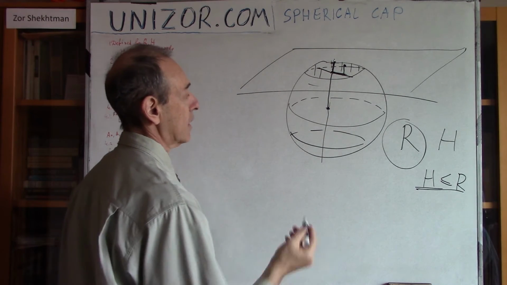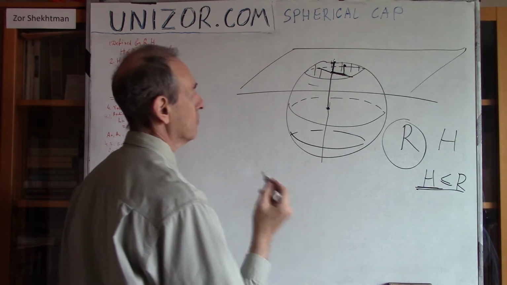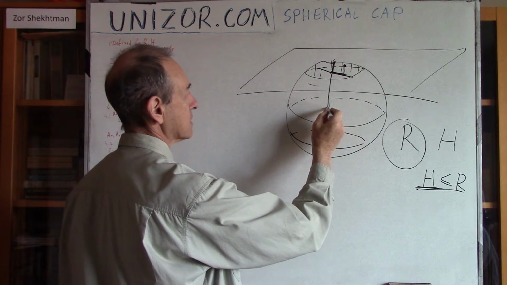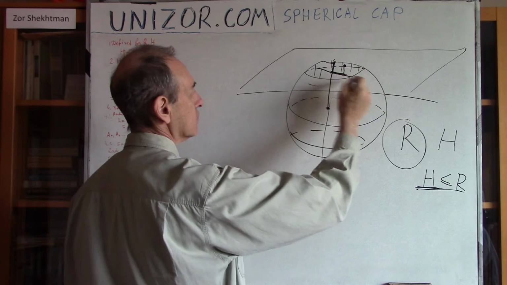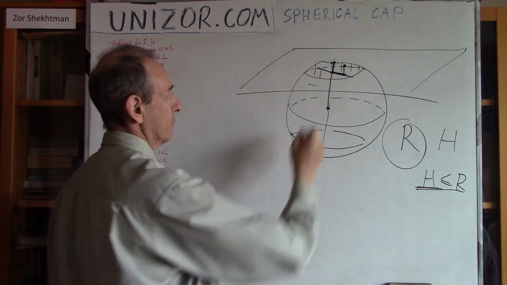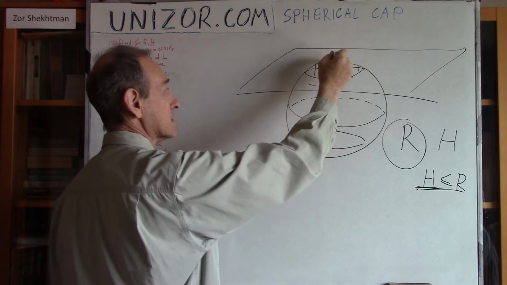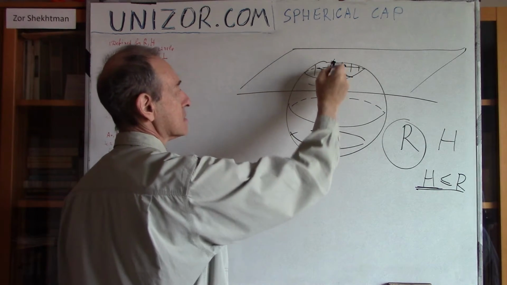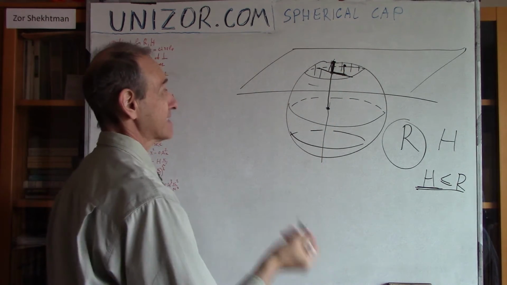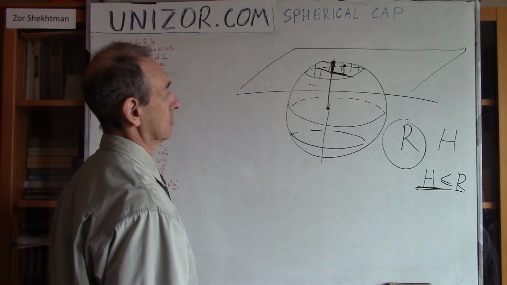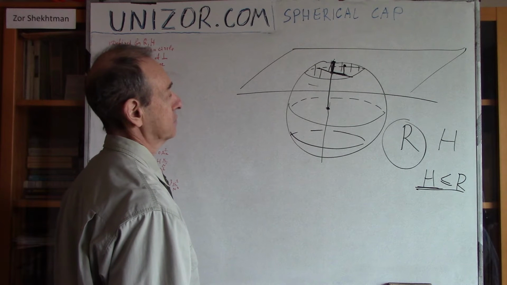So whenever I'm talking about h, I'm always considering that we have a radius from the center perpendicular to the plane which cuts the sphere, and wherever this radius ends, that's the point from which this distance is the greatest, and that's actually h. That's the height of the spherical cap. All right.